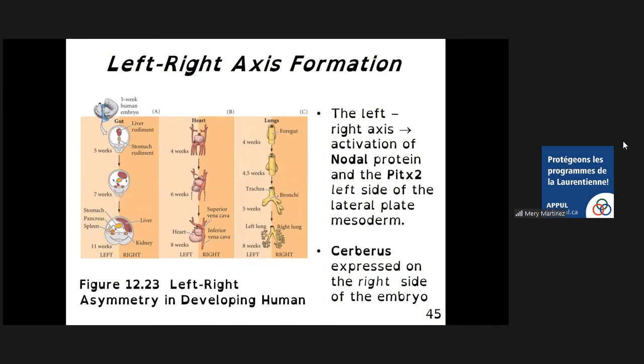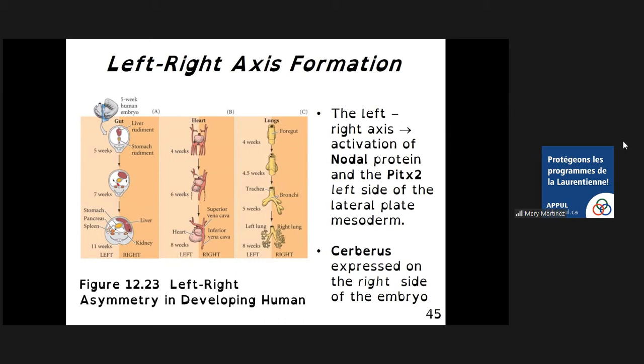So the left-right axis seems to be controlled through the activation of that gene that we have seen before, which is nodal, with the contribution, of course, of the protein PITX2, which is a transcription factor normally expressed on the left side of the lateral plate. We saw it in fish, and we saw it also in frogs.